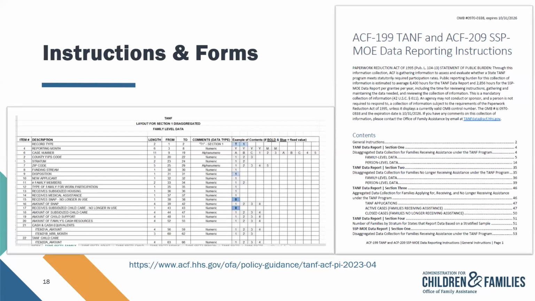Some of the data elements, as you may already be familiar with, are similar or the same as in TANF section 1, particularly the person level data elements, and we've tried to make those changes consistent across sections. There have not been any changes to the T6 record, which is a reference to TANF section 3.